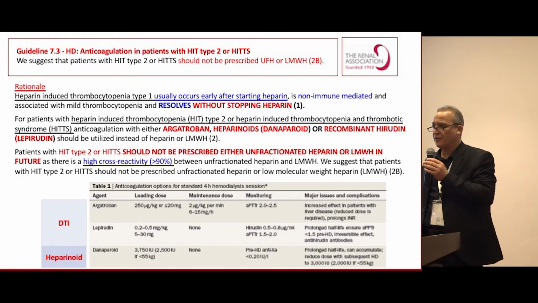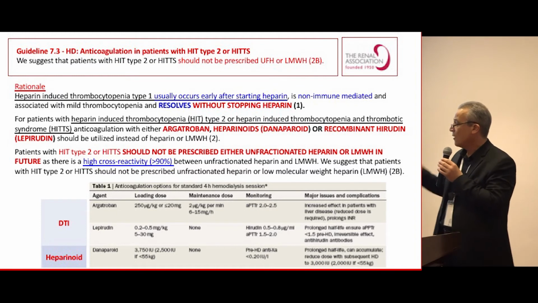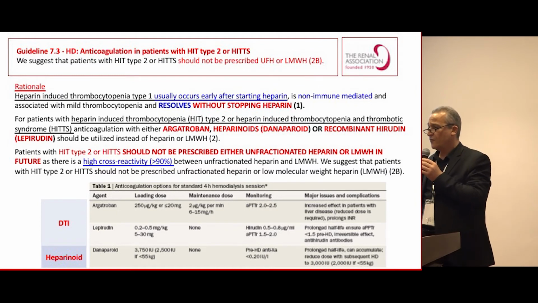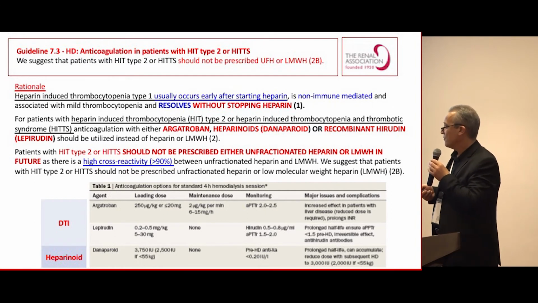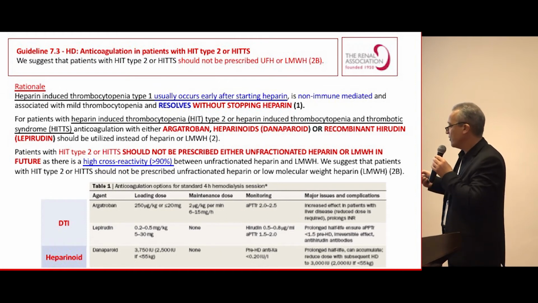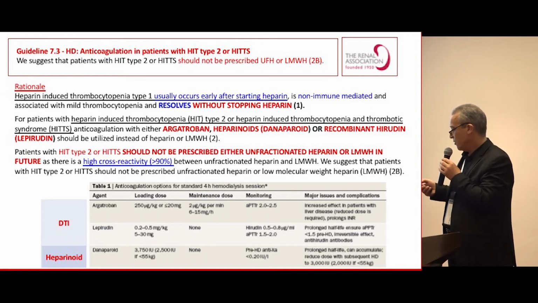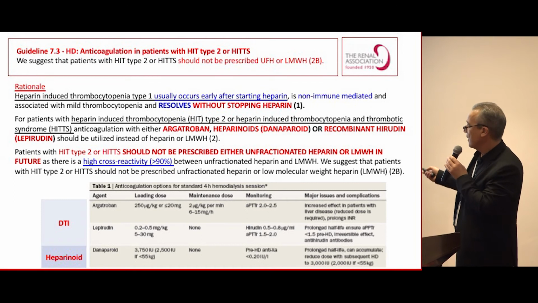I don't know if you have it or not. Of course, in Tunisia we don't have it, so we have to use only dialysis without heparin with saline flushing, and we also sometimes use citrate anticoagulation as a regional anticoagulation. So if you have, why not, direct thrombin inhibitors or heparinoids, and if you don't have them, you can use regional citrate anticoagulation.